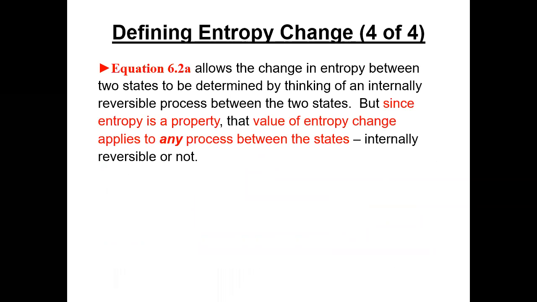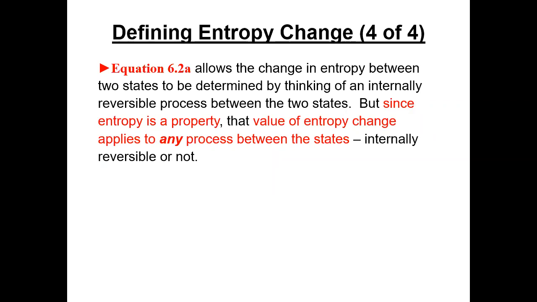It allows the change in entropy between 2 states to be determined by thinking of an internally reversible process between the 2 states. But now we're going to generalize it. Since entropy is a property, the value of entropy change applies to any process between the states, internally reversible or not. Once you prove it's a property, it's like temperature.